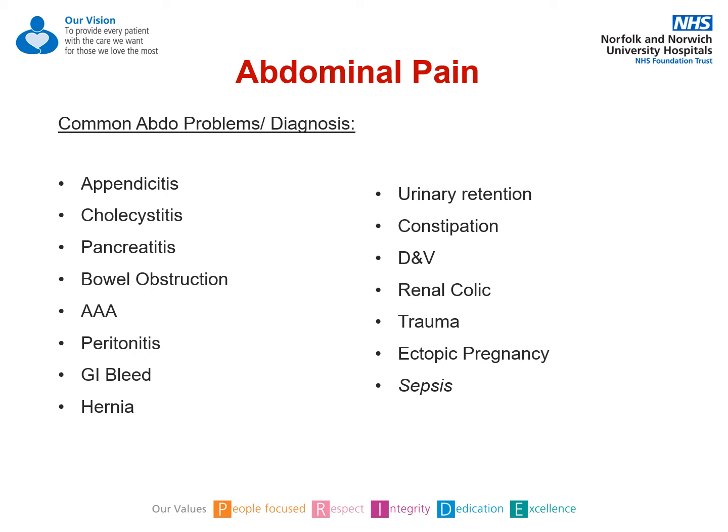So obviously we've got your appendicitis, which is your blocked or inflamed appendix, and your gallstones. Cholecystitis is the gallbladder inflammation. It might be pancreatitis, which often is caused by alcohol, or again, it might be gallstones.